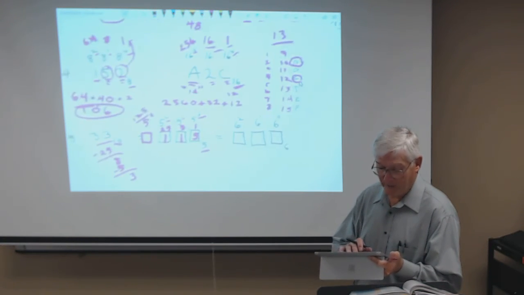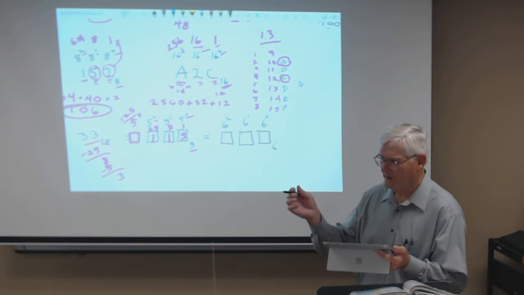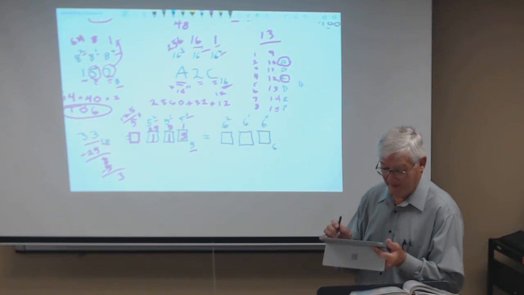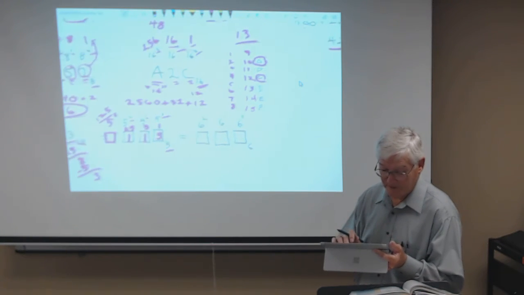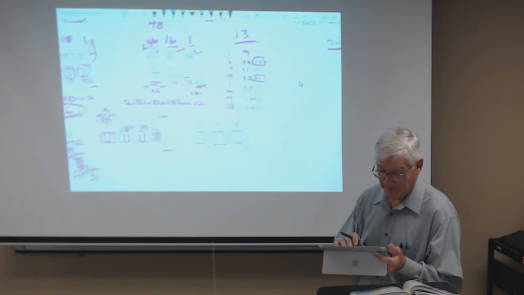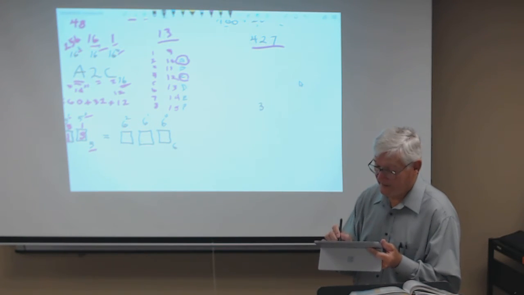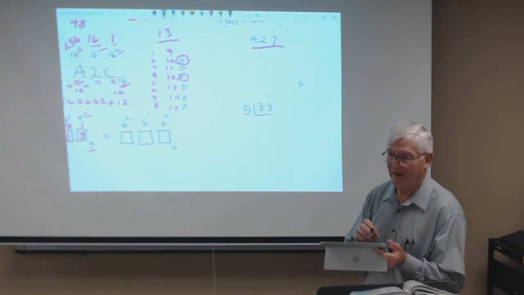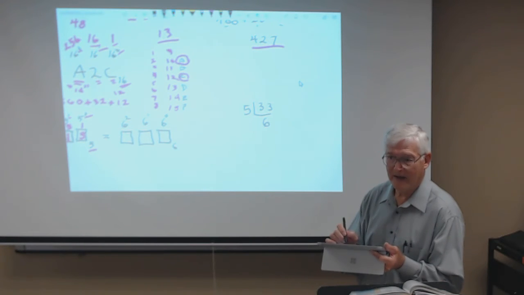Did the book show another way to do it by division? You want to do it that way too? Okay, let's do it that way. 33 divided by 5. What's 33 divided by 5? 6, right?